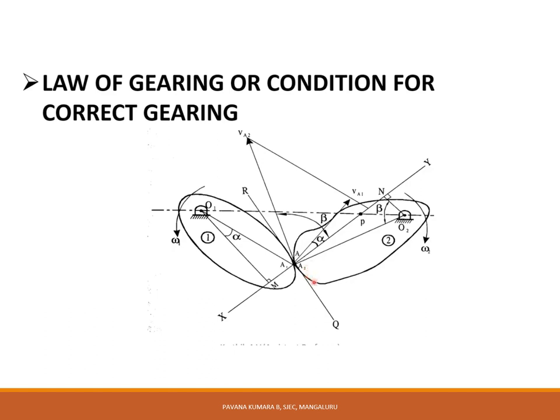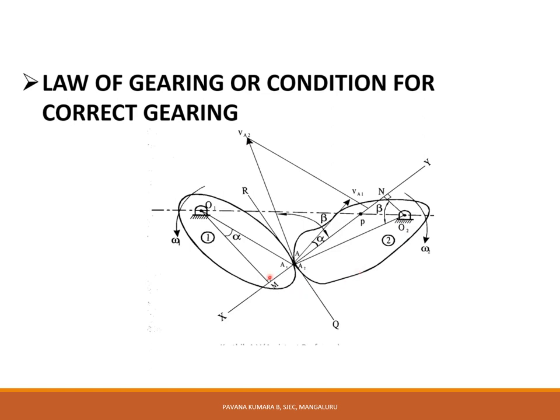The linear velocities are denoted by VA1 as well as VA2, the linear velocity of body 1 and body 2. VA1 is perpendicular to O1A1, and VA2 is perpendicular to O2A2.